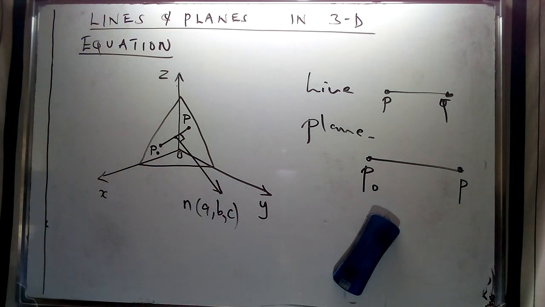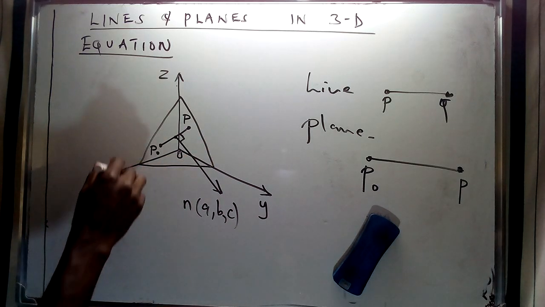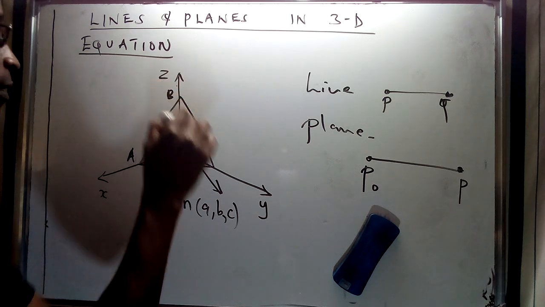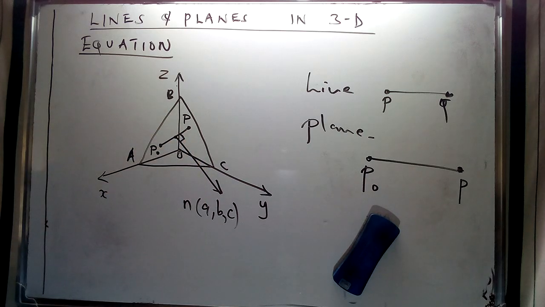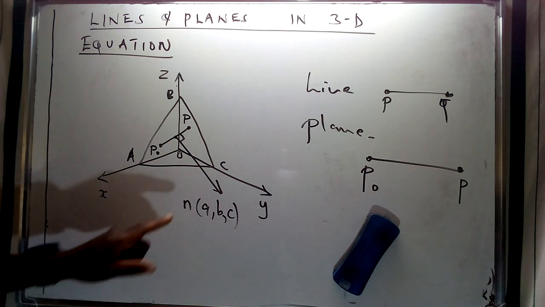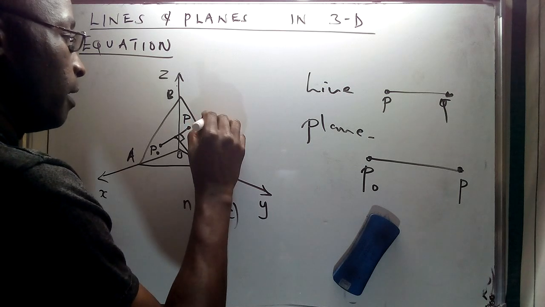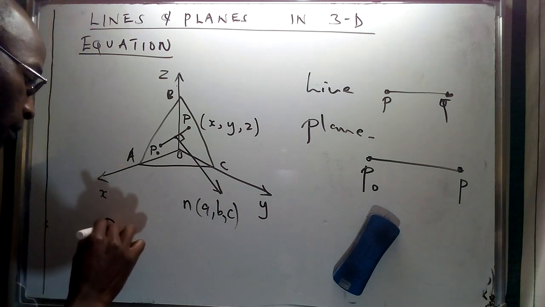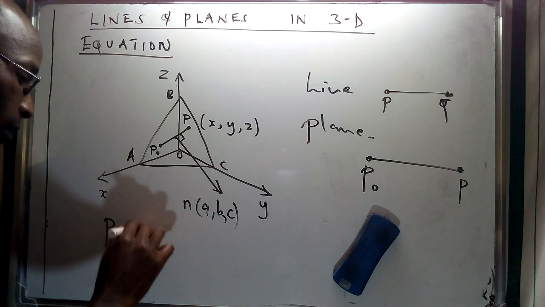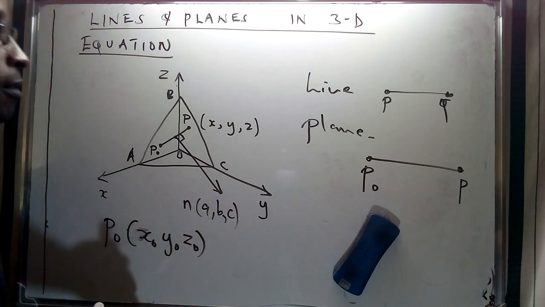So if we want to find the relationship that exists between this normal and this specific plane on this Cartesian coordinate system, we can generally give the point P as (x, y, z) in a 3-dimensional space. And our P0 is going to be given as (x0, y0, z0) respectively.